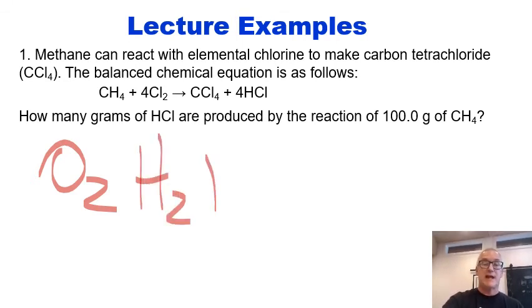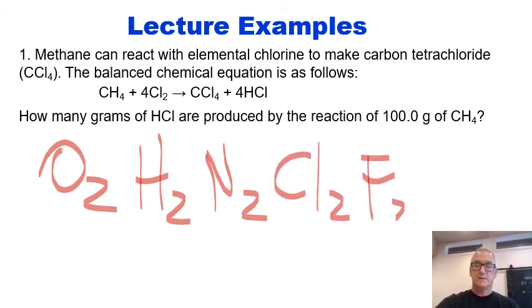Moles of nitrogen gas, N2. Moles of chlorine gas, fluorine gas. They're all 2 atoms in the molecule. They're all diatomic because they're not stable as atoms. They need to come together and share electrons in order to become more stable.